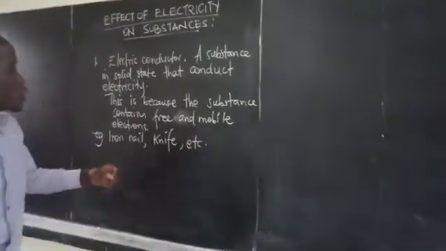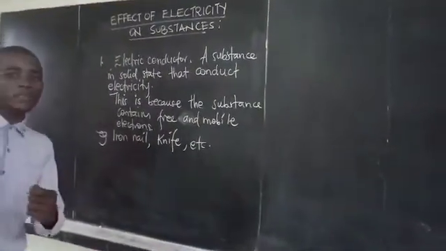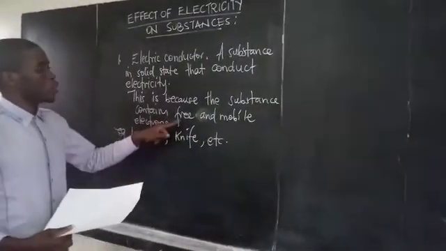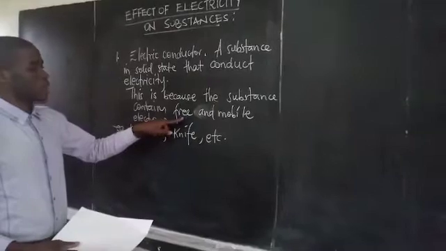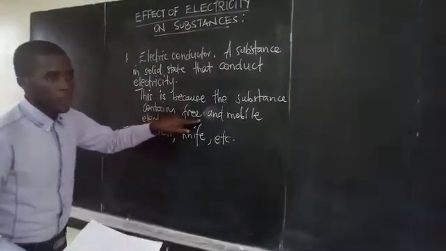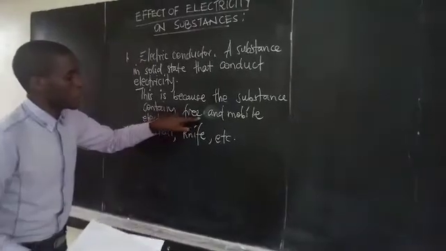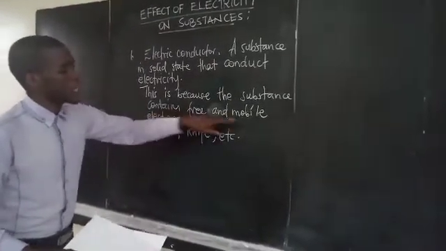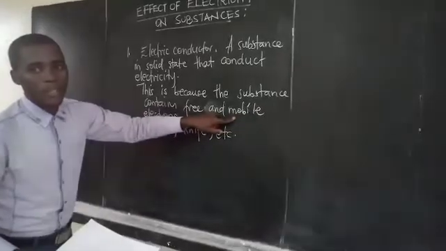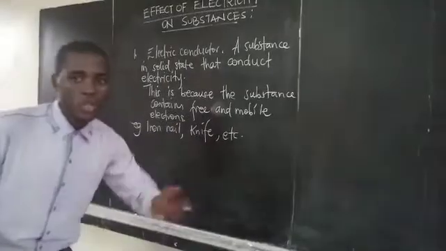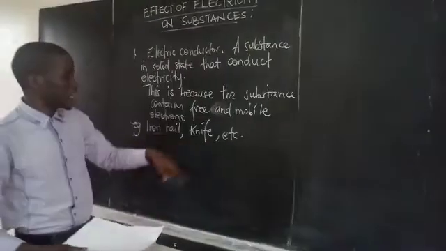Why? Because during bonding, when these are getting joined together, there is always a free electron from every atom that is participating in bonding. And because it is free, it can be mobile.